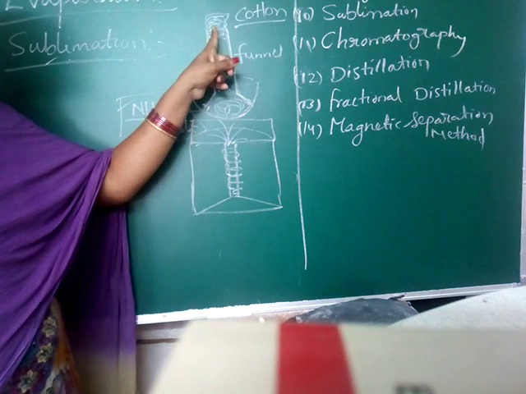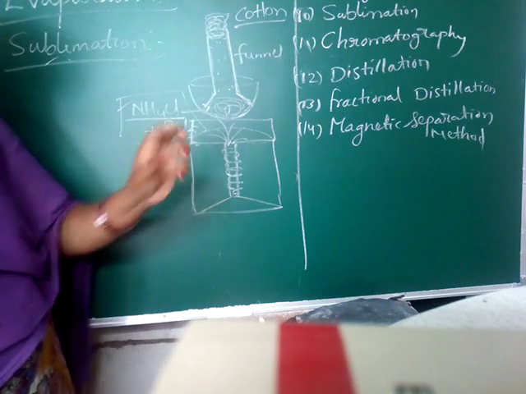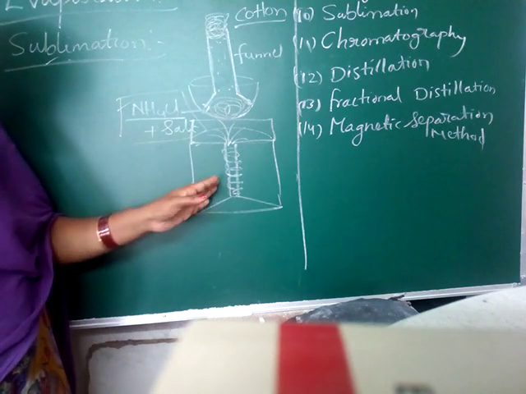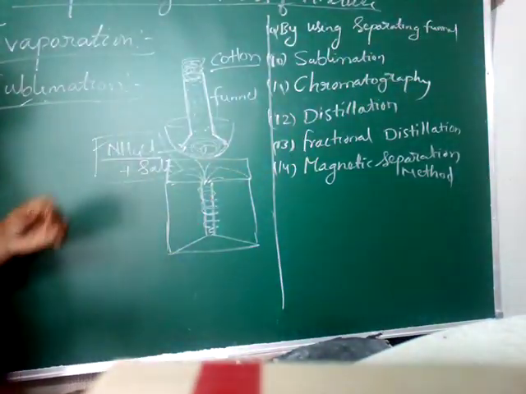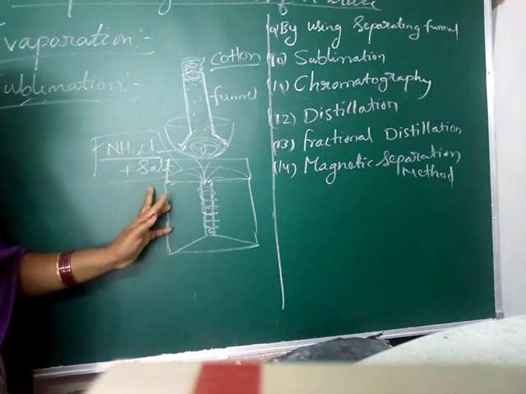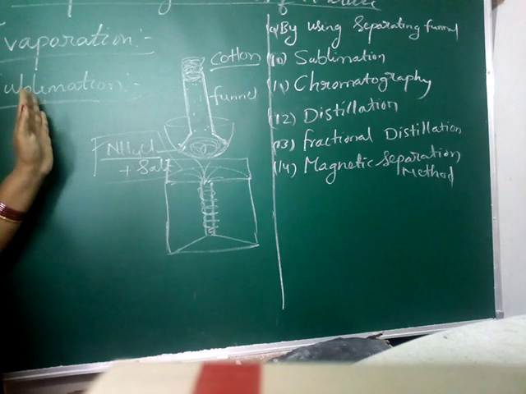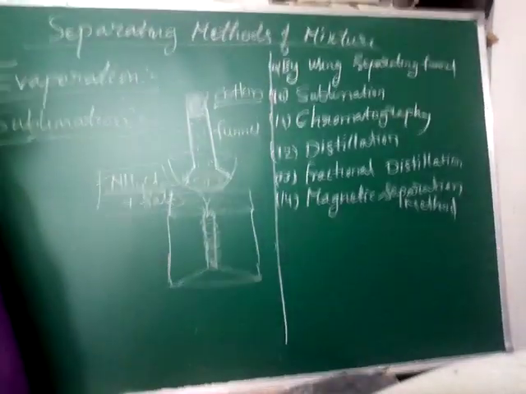Then at the top of the funnel you have to keep cotton, because the vapor will attach to that cotton, and you can separate easily. When you heat gently, the ammonium chloride will separate from the salt. This is the sublimation process. Okay, stop it now.